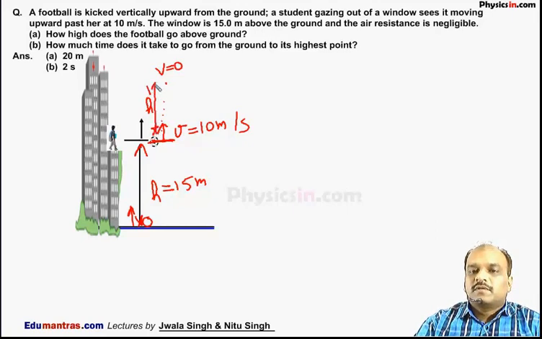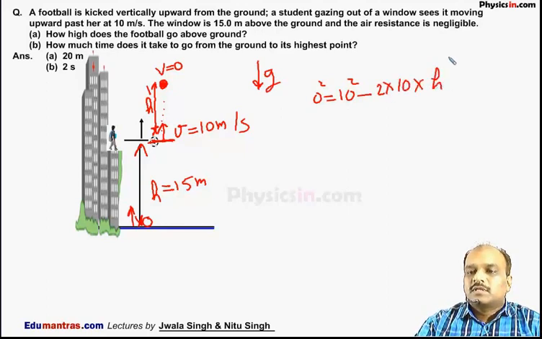The height above the window where the ball stops for the first time. Let this be the point where the ball stops. So we can say 0 squared is equal to 10 squared minus, because acceleration is directed downward, twice a, that is 10, and the displacement is h dash.